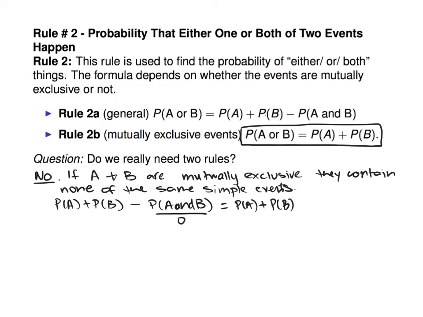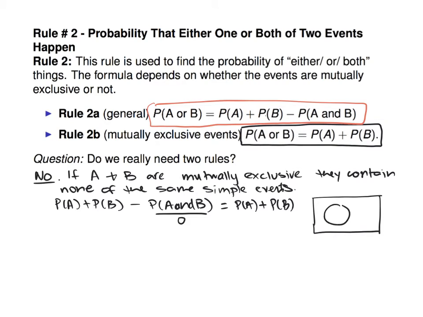Now, another reasonable question to ask is, why is there this term where you take away P of A and B? And that can be explained with a little Venn diagram. So suppose we have A and we have B. Now think P of A counts all that stuff.